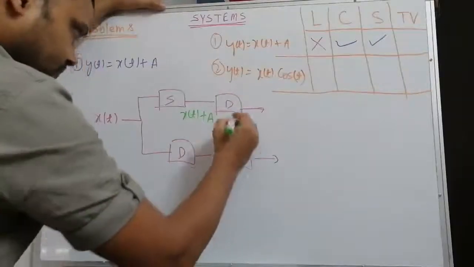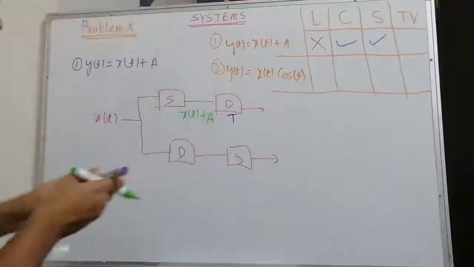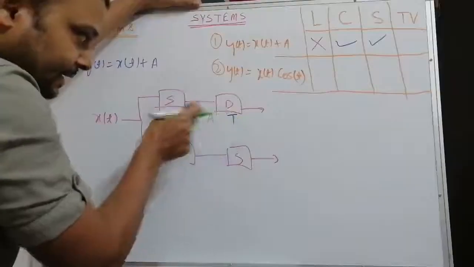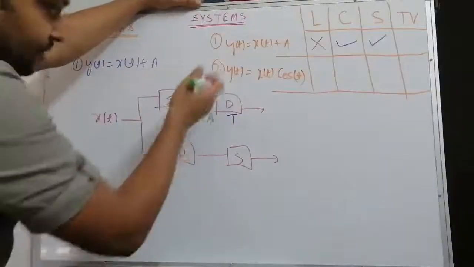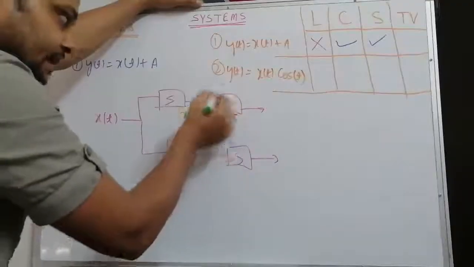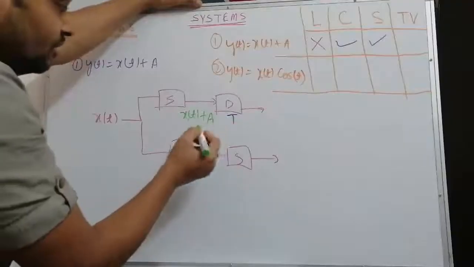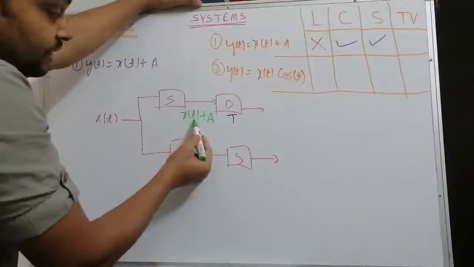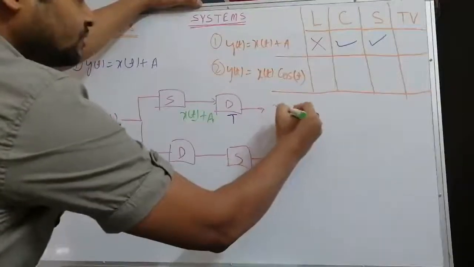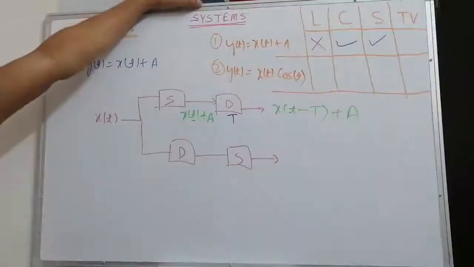What the delay will do is provide a delay of capital T. The input here is x of t plus a. Whatever input comes, this delay provides a delay of capital T, so wherever it finds t, it replaces t by t minus capital T. So we get x of t minus capital T plus a.